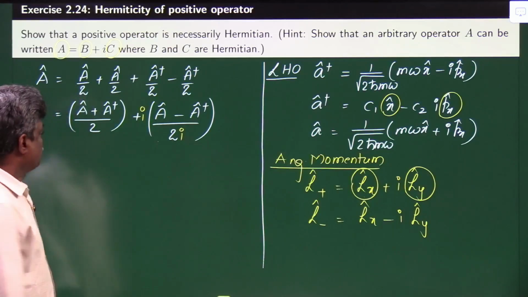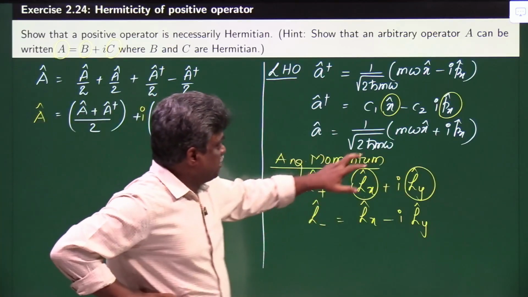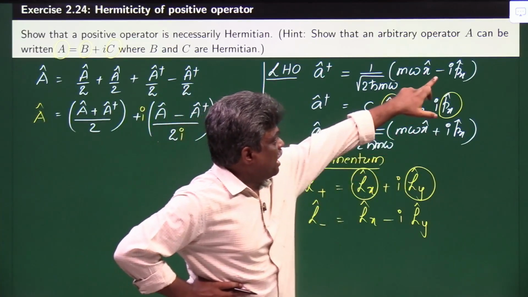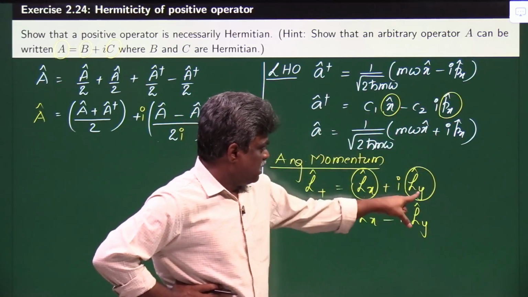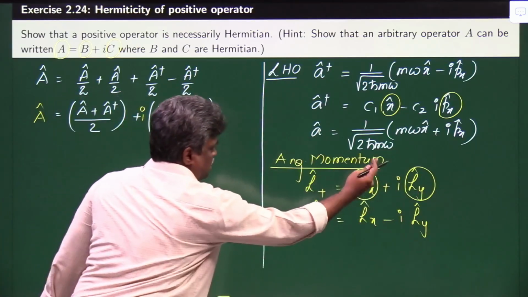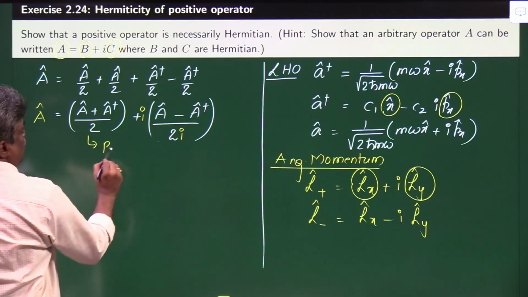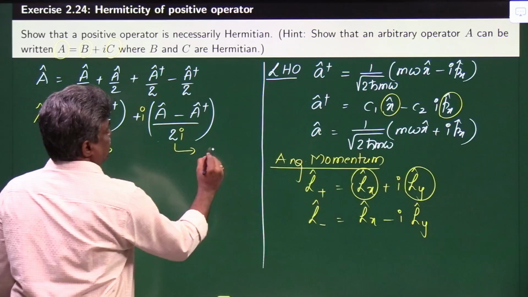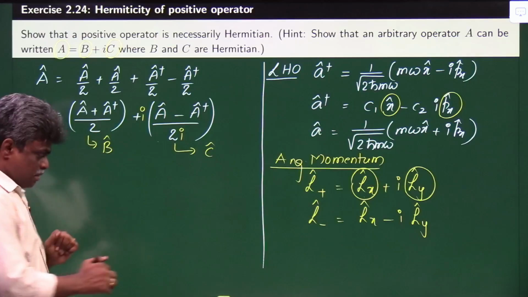There's no issue. So finally I got this format. If you see carefully, Hermitian operator, iota, Hermitian operator. Either plus or minus, it's a linear combination. So I can define this as B cap and this as C cap. Now I have to show that B and C are Hermitian operators.